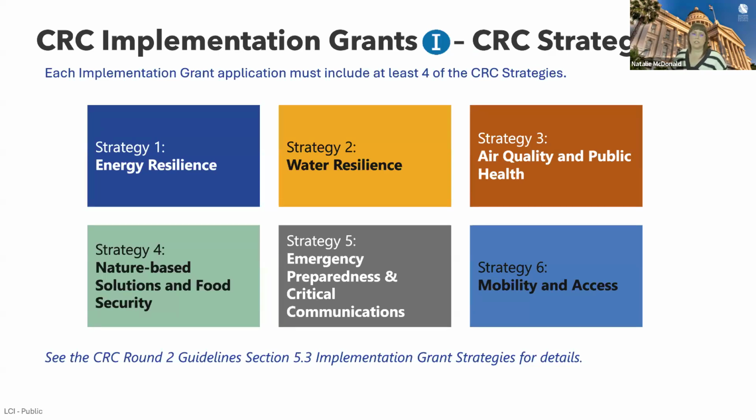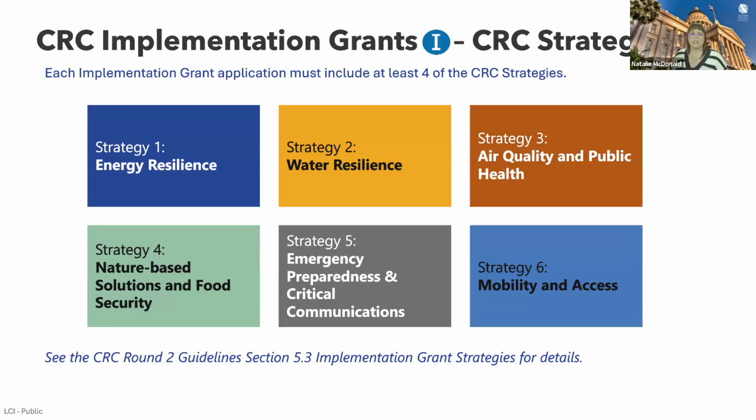The CRC strategies include Strategy 1, energy resilience, such as improvements to overall energy efficiency. Strategy 2, water resilience, such as installation of water efficient appliances. Strategy 3, air quality and public health, such as public cooling solutions.